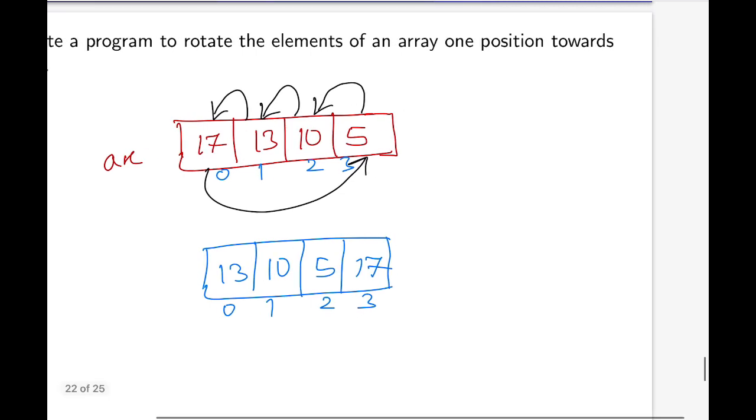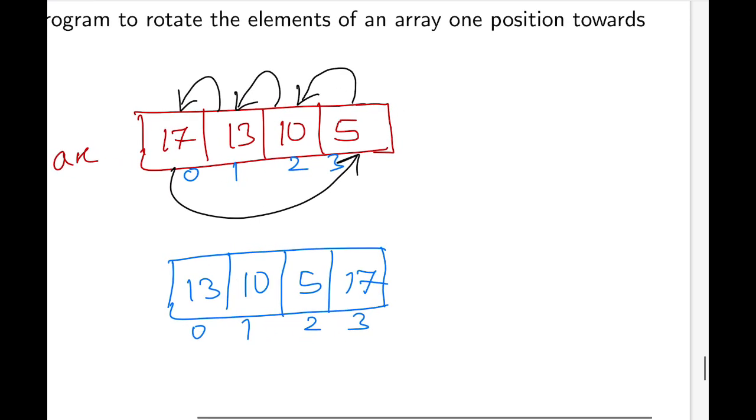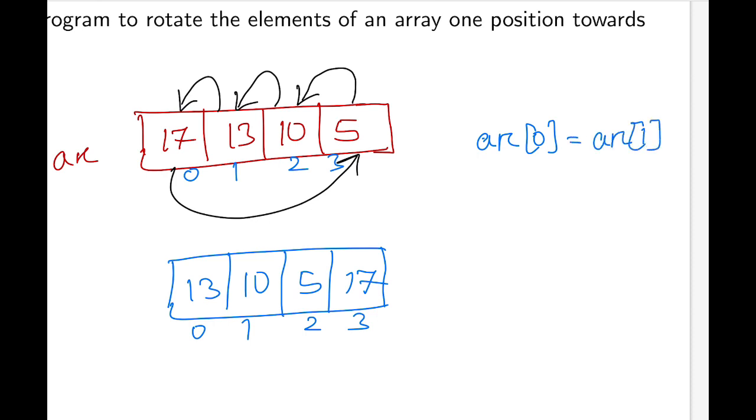So here you can write that ar[0] equal to ar[1]. That means if we write ar[0] equal to ar[1], the value of ar[1] is going to be stored at ar[0]. That means 13 is coming to here.